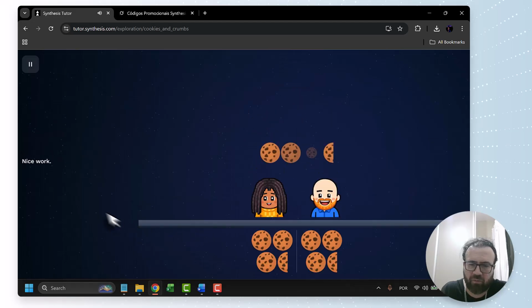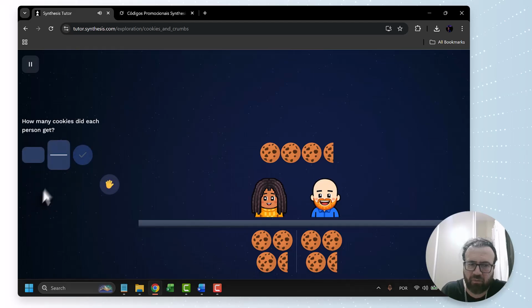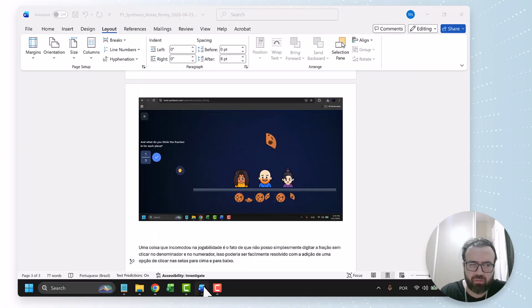Nice work. Do you know how to write the number of cookies each person has? Okay, go for it. How many cookies did each person get? Bingo!